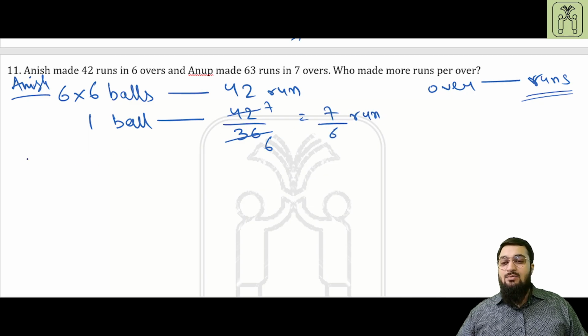Okay, now we will do for Anoop, and Anoop has scored 63 runs in 7 overs.